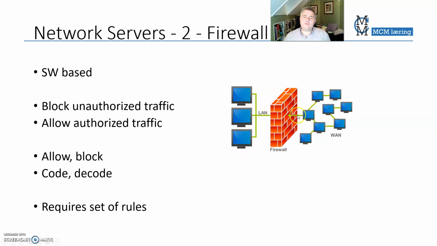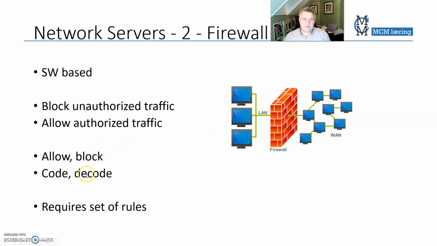So all the traffic that comes from the outside has to go through the firewall before being sent on to the local area network, and also the other way around. In the firewall software, you will have rules or policies, rules that deny or allow traffic.